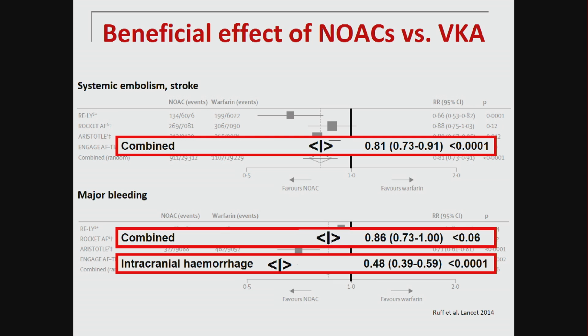Here you see the pooled results from the meta-analysis by Ruff et al. in Lancet in 2014. And you see that the combined effect on systemic embolism or stroke was beneficial for NOACs compared with vitamin K antagonists, and also the intracranial hemorrhage.